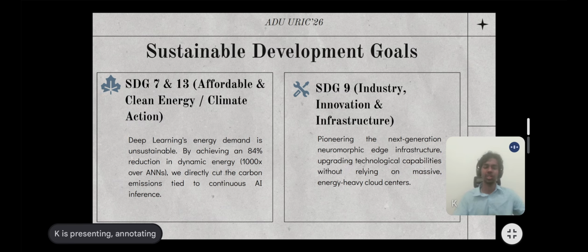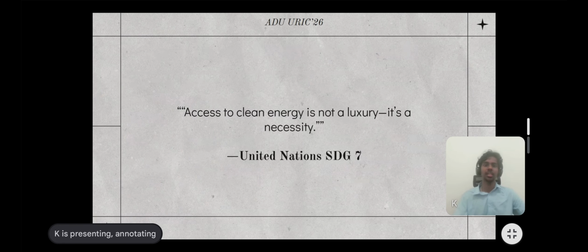So we are seeking to provide a consistent hardware system which can train models under much lower energy constraints. Next is industry innovation. We're trying to build a neuromorphic domain and hardware which can tolerate the system. And as they say, access to clean energy is not a luxury, it's a necessity. This is a famous quote derived from UN SDG 7.